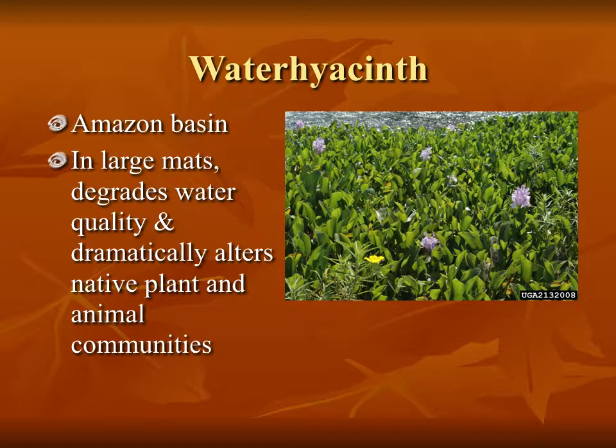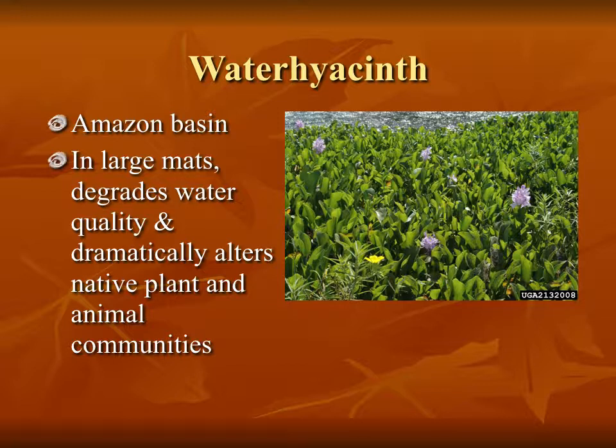It will squeeze out light for beneficial or good algae and other phytoplankton that need light to help feed aquatic wildlife. And it can drastically alter the native vegetation and plant communities in the aquatic environment. It's a terrible invasive weed in the water.